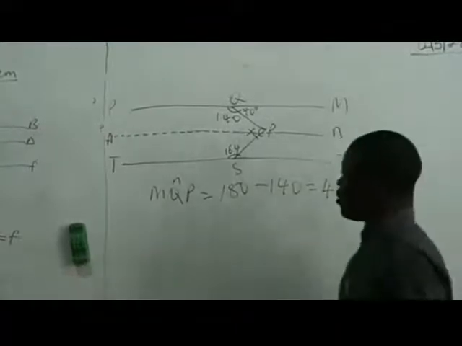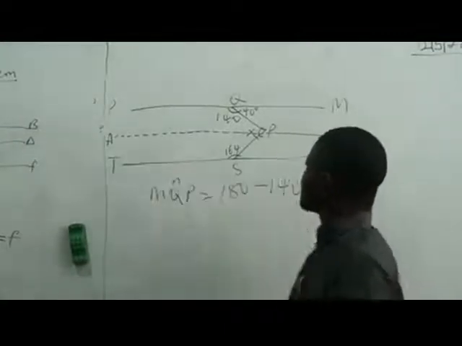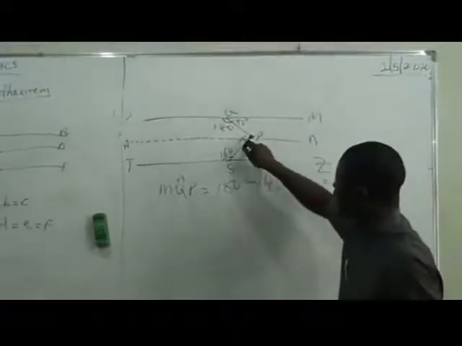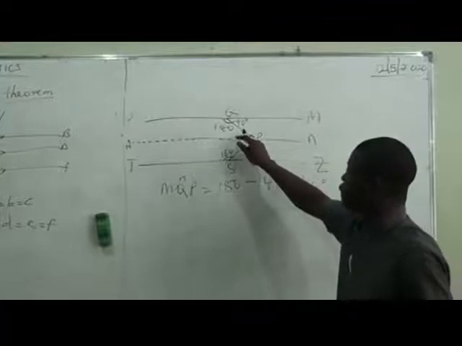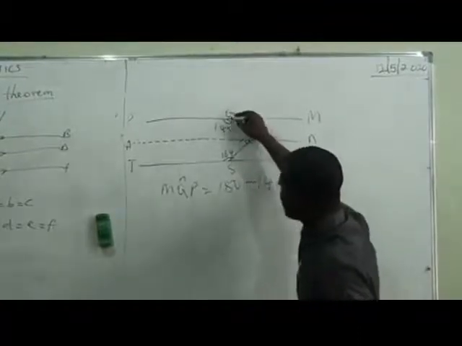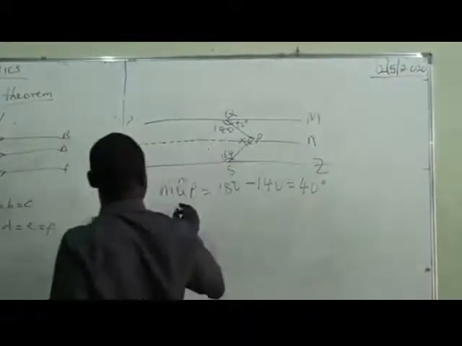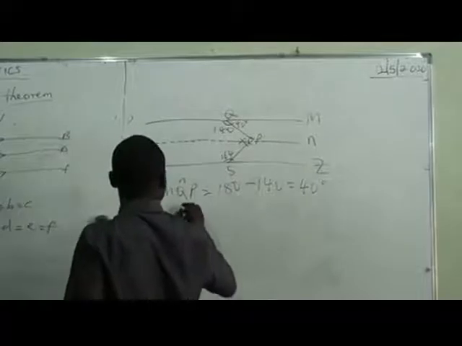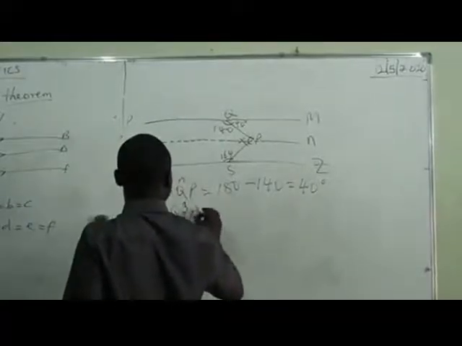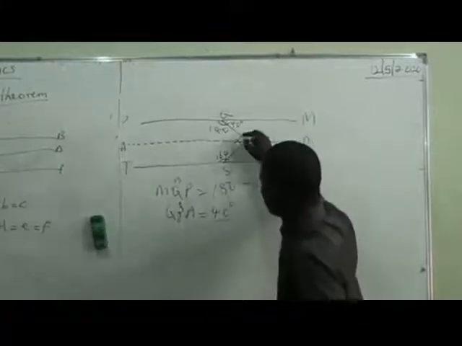You are going to see that you have an angle here, angle QPA. Because of alternate angles, which I have been saying, automatically here is going to be 40, because this alternates with this place. So therefore, QPA is also equal to 40 degrees. That is here.